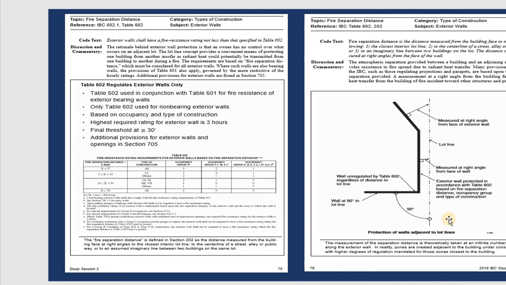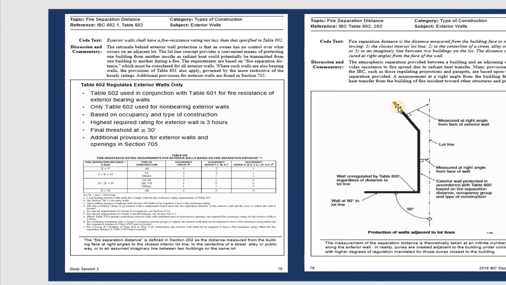In residential, they require from the exterior wall of the house to the property line on the side a minimum of 5 feet. And in front, for example, the street right here, and this is the wall from the house. On residential, they require 20 feet. And in the rear side setback, they require around 10 feet.